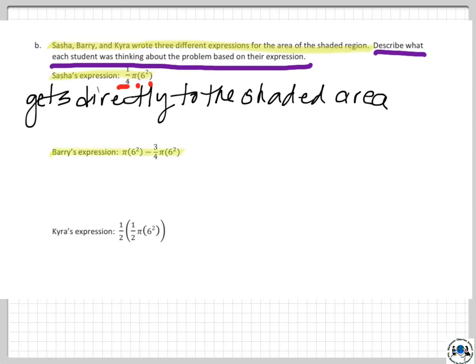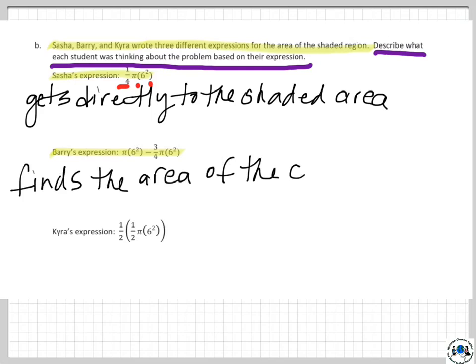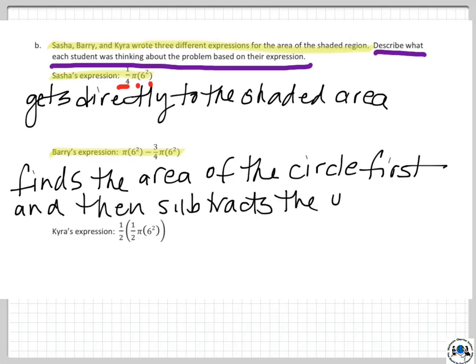Now, with Barry, Barry has pi times 6 squared, minus 3/4 pi times 6 squared. You'll notice he finds the area of the circle first and then subtracts the unshaded portion.